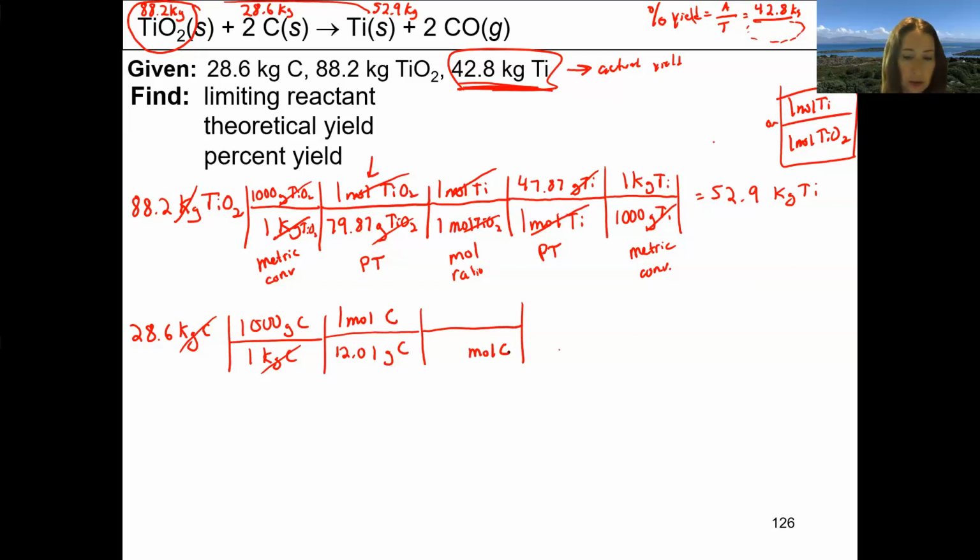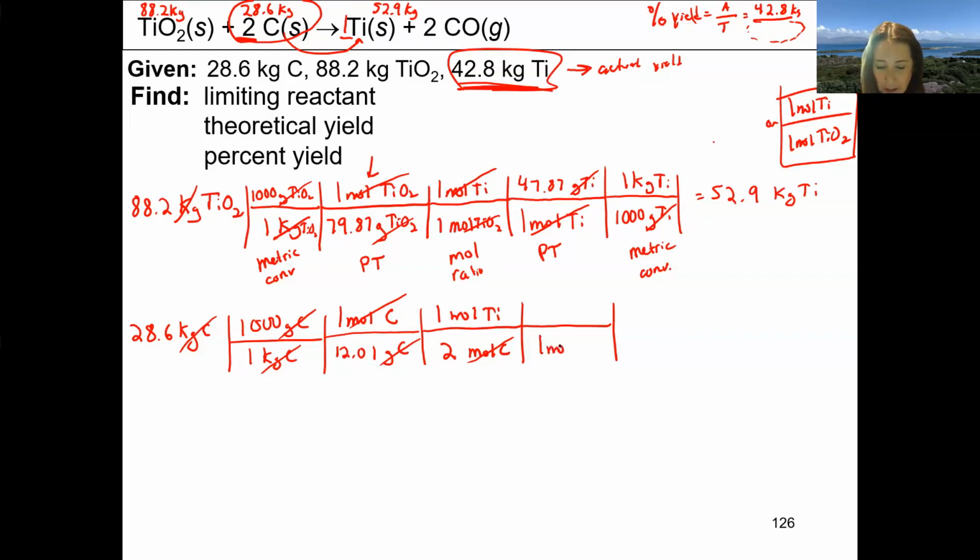What's our mole ratio? So right now we're trying to go from carbon to titanium. There's 2 carbons to 1 TI. Moles, moles, grams, grams.